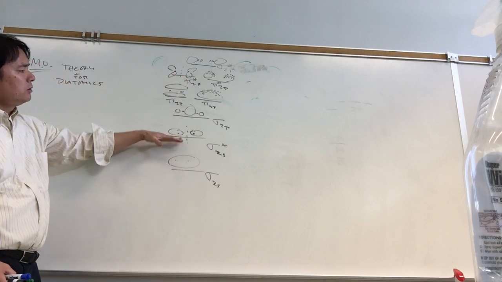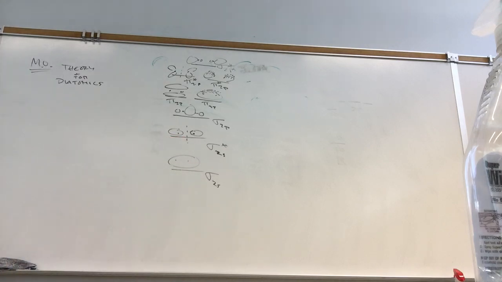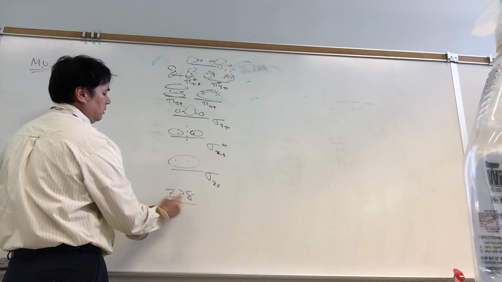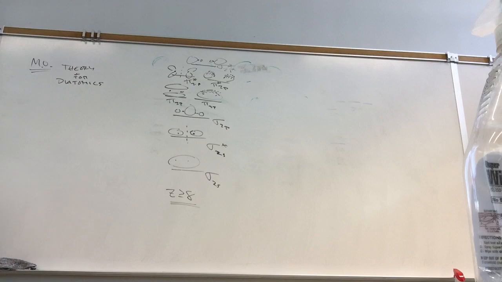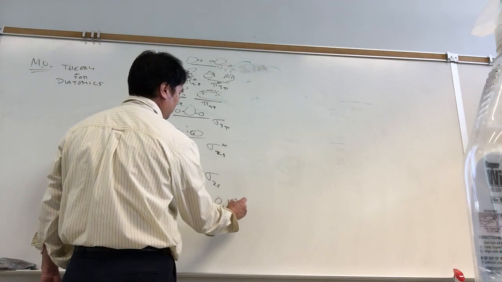And then the symmetry here with the 2s. This is expected. This is what we observe when Z is greater than or equal to 8. What is Z 8? Z 8 is oxygen. And so this is for oxygen, fluorine, and neon.